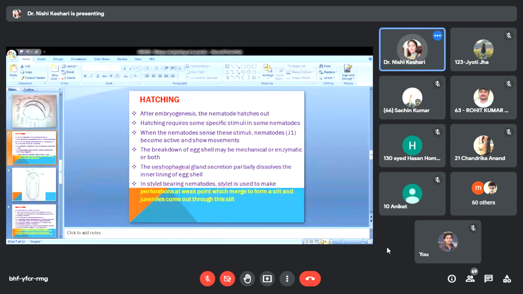Now hatching. Hatching means... Excuse me, ma'am. Yeah, tell me. Ma'am, how can we tell about the reproductive capacity of a nematode by seeing the life cycle? Is there any relation between that? No, no, that is not because there are migratory endoparasites, Pratylenchus and Radopholus. These both are migratory endoparasites.